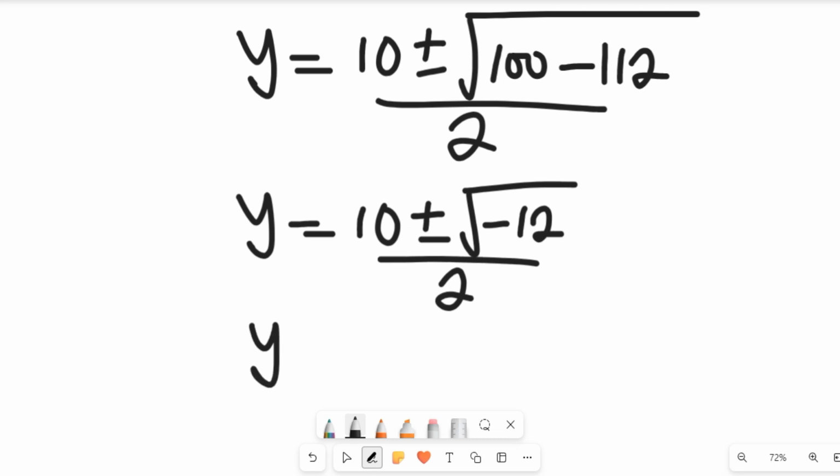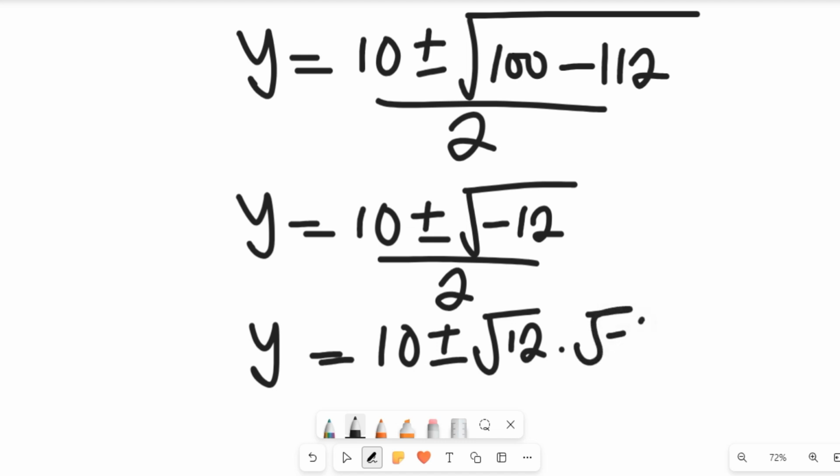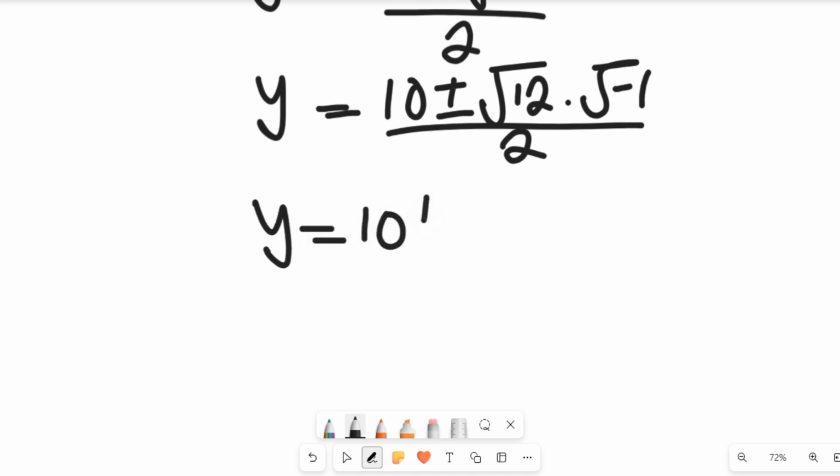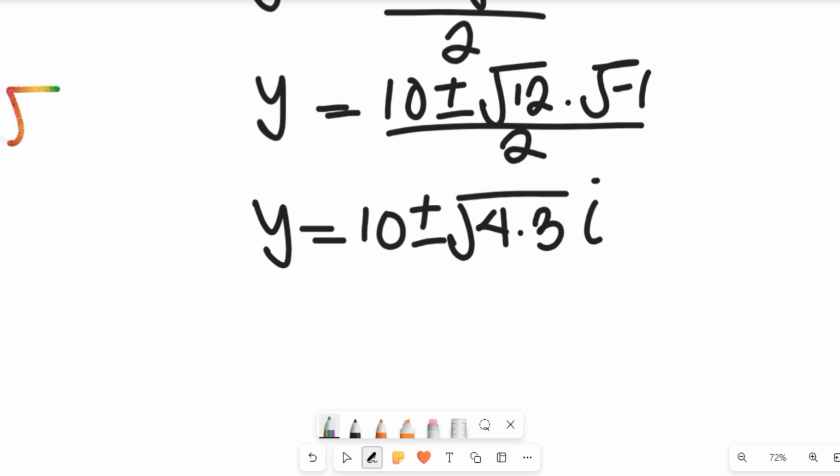So the value of our y will be equal to 10 plus or minus the square root of 12 multiplied by the square root of negative 1, all over 2. So this is going to give us y equal to 10 plus or minus the square root of 4 multiplied by 3, which is 12, multiplied by imaginary. If you recall, the square root of negative 1 is equal to imaginary.